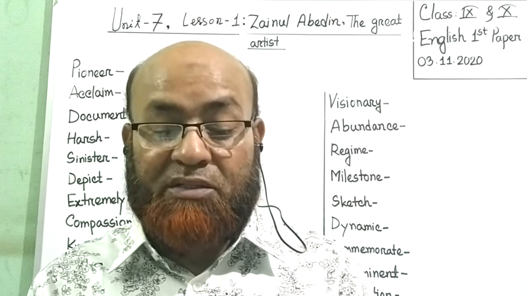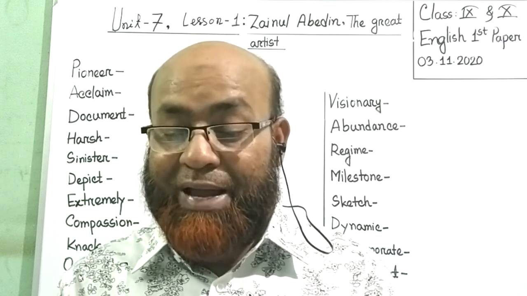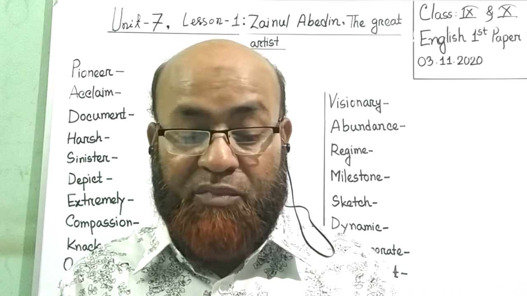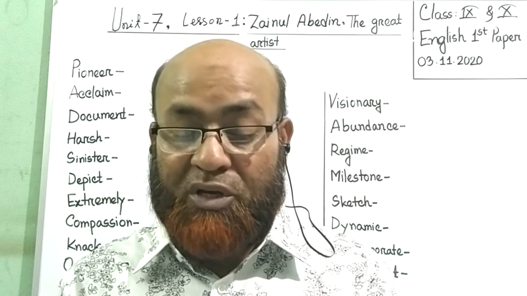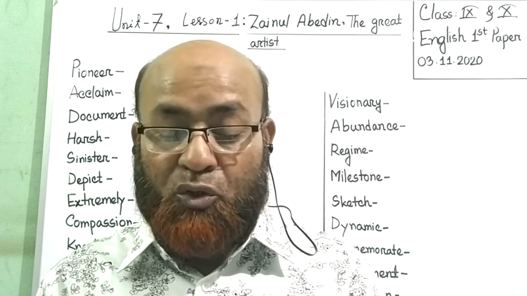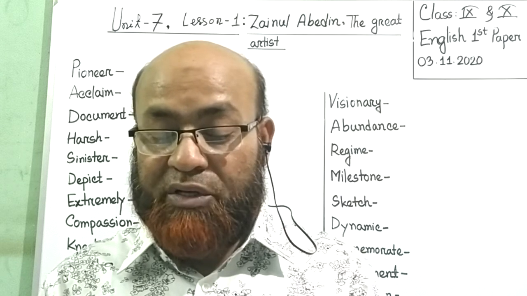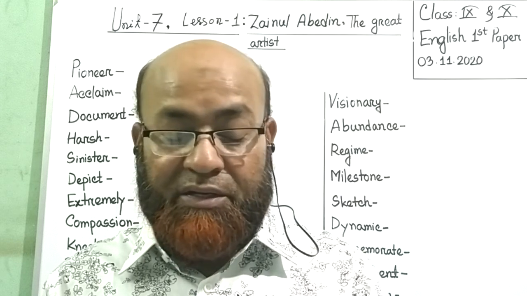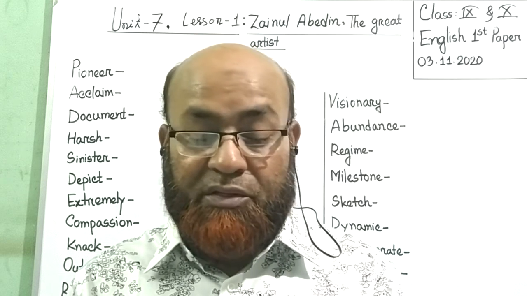This was the first time that he came into spotlight, and this award gave him the confidence to create his own visual style. Zainul Abedin was born in Kishoreganj on 29 December 1914 and died in Dhaka on 28 May 1976.